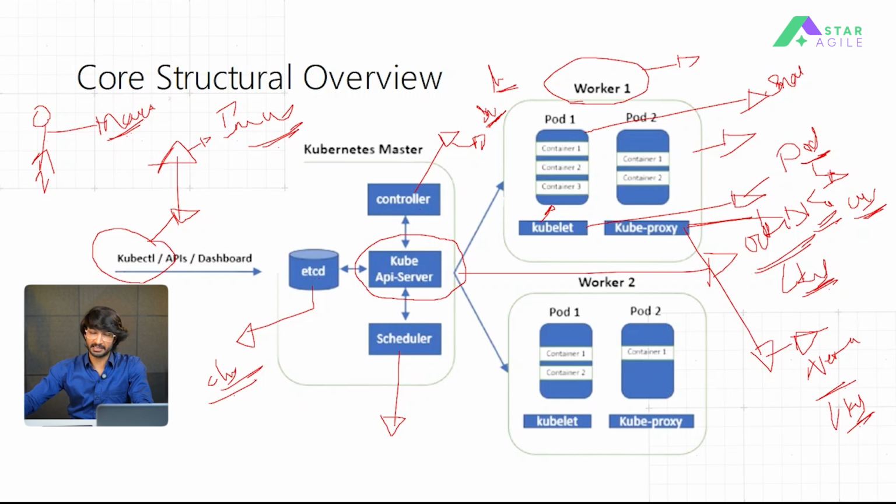So the user will interact with the master via kubectl to execute this manifest file. For example, in the manifest file, the user might have written, I want to create 2 pods, right?